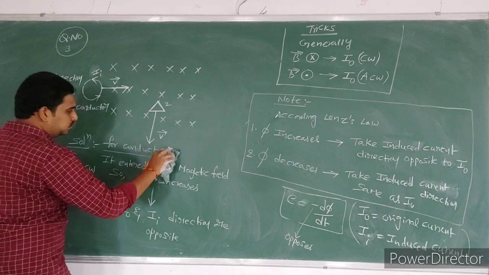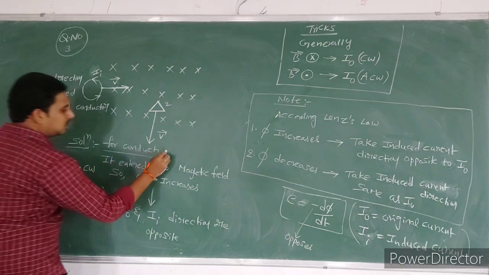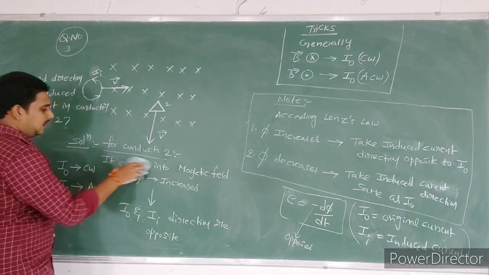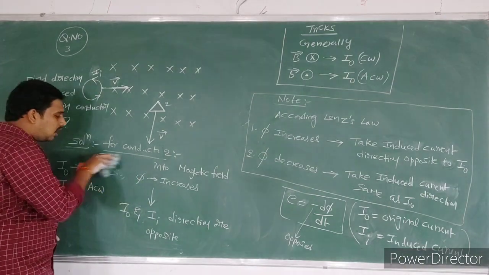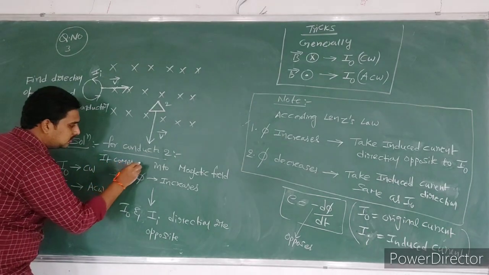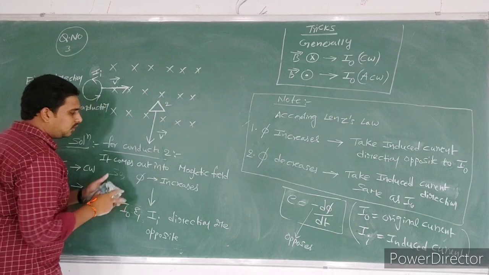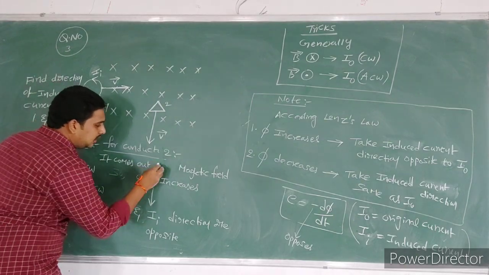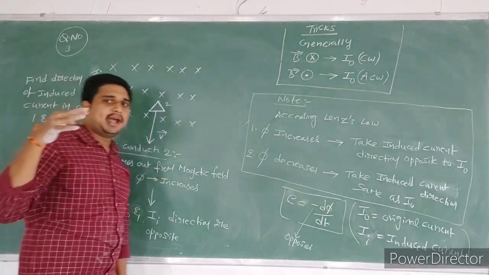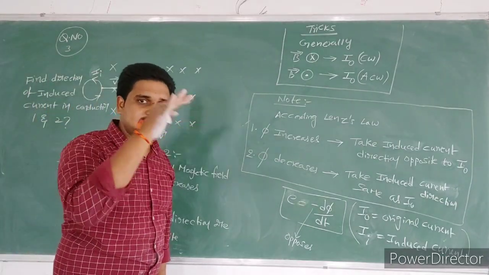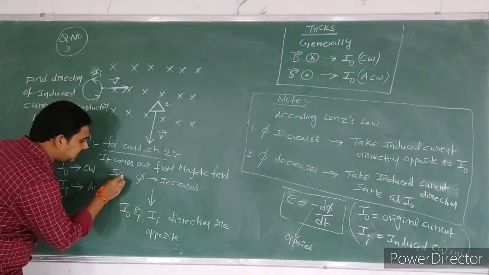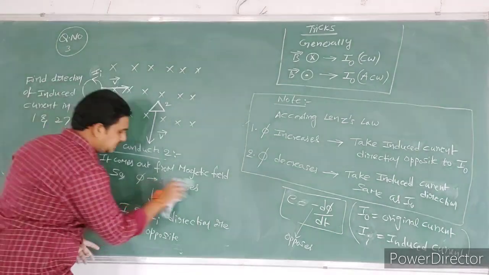For conductor 2, it leaves, or it comes out from the magnetic field. So the number of magnetic field lines linked with the surface decreases, then magnetic flux decreases.